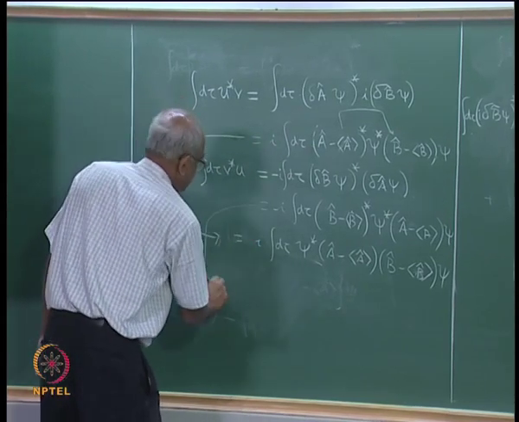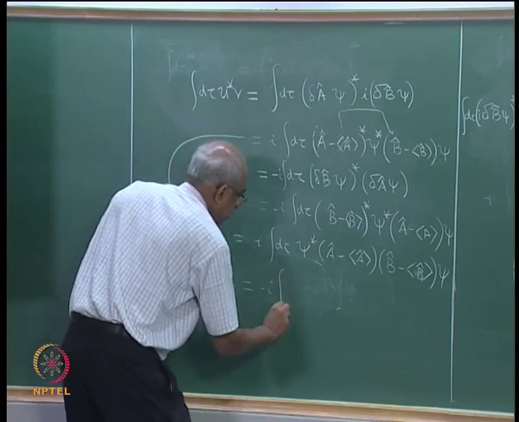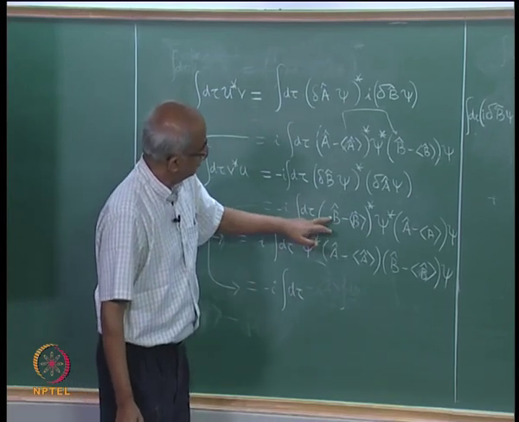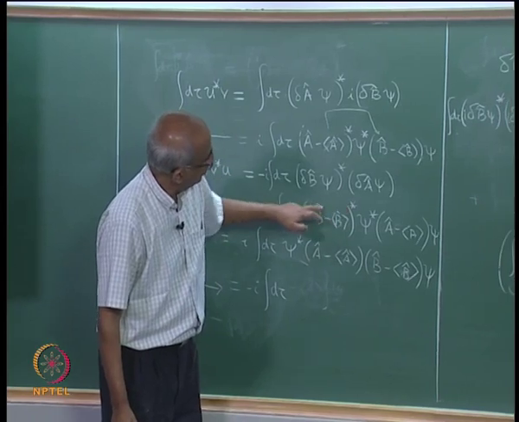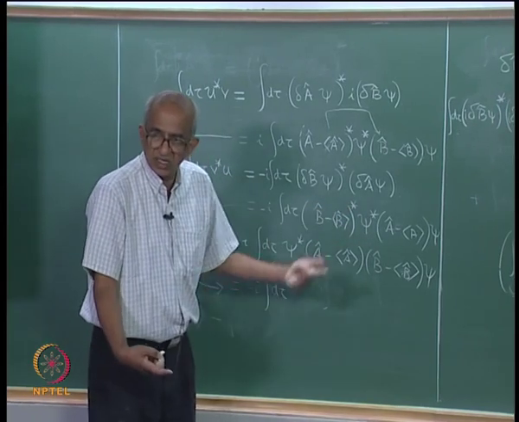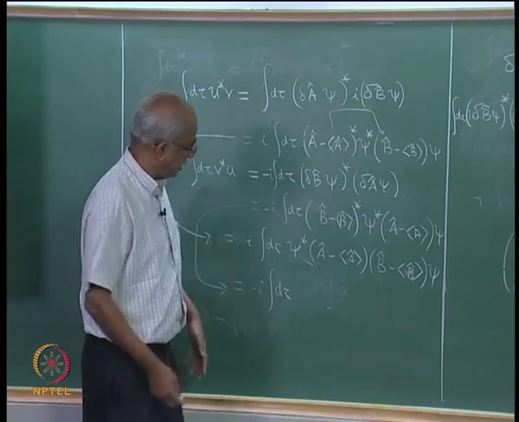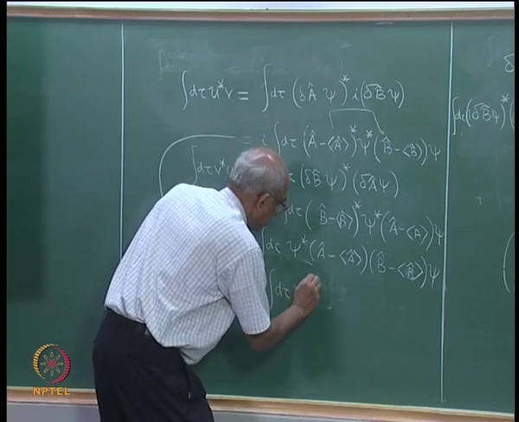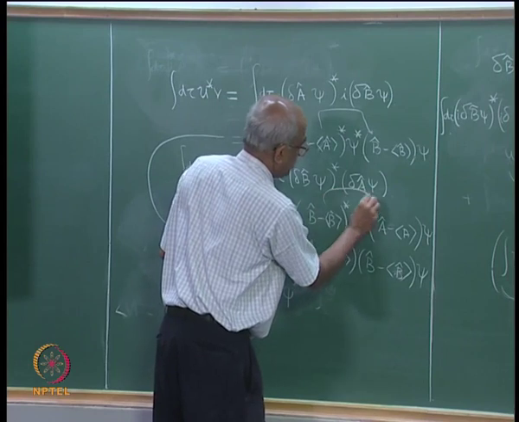And if you did the same kind of thing with this, what will happen? You will get minus i integral d2, right. You take this, you are going to transfer this to the other side, there is already a star. When you transfer, you will take one more star, and therefore, what will happen? The star operation gives you back the original, and then you will get psi star, this is going to be transferred and it is going to operate upon here.